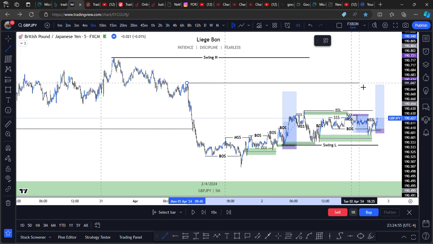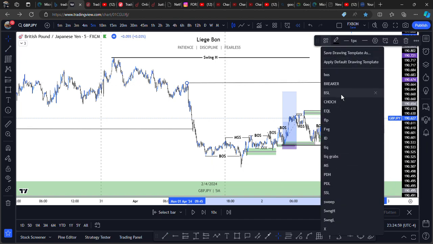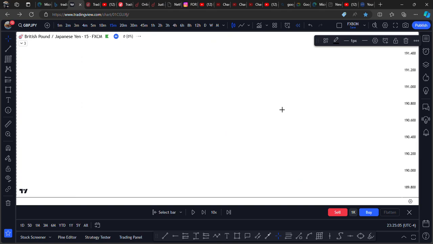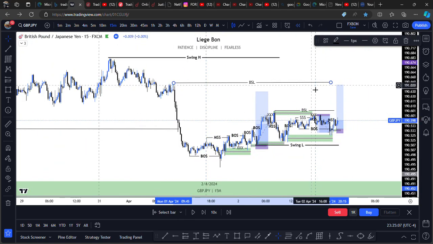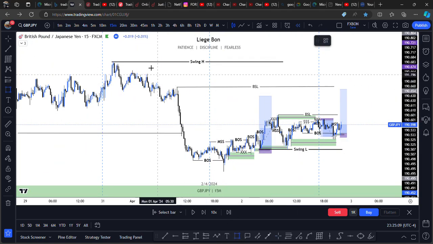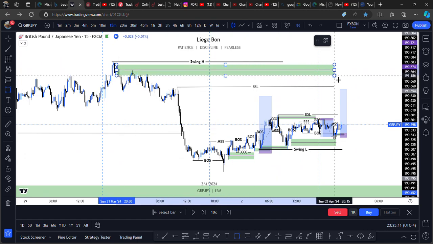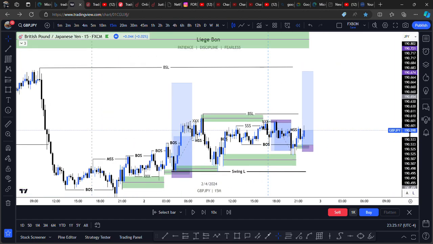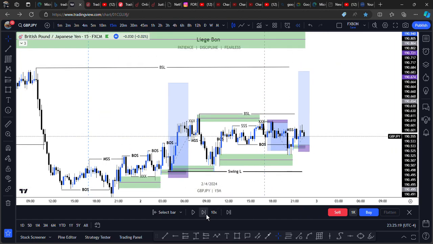We need all of these liquidities here to be taken out, all of this buy side liquidity. We're trying to see if price could come to, let's go on the 15 minutes time frame. We're trying to take price to this supply, to this whole zone here, so we could still be buyers there. All right, let's see how this plays out.